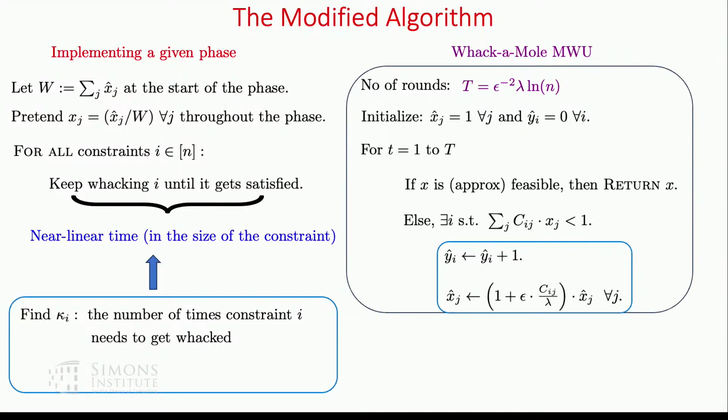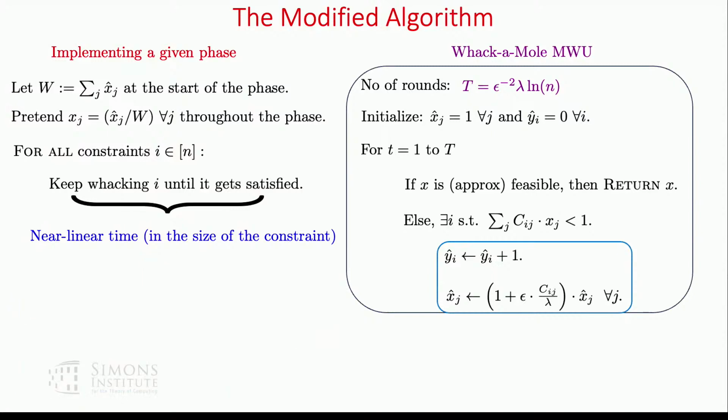Because you first guess the number of times you need to whack this constraint to satisfy this, and this is a simple binary search. And once you have figured out this value, you just go ahead and do this for every variable appearing in this constraint. So one iteration of these for loops just takes near linear time in the size of the concerned constraint, and you are going to consider a constraint at most once during this for loop.